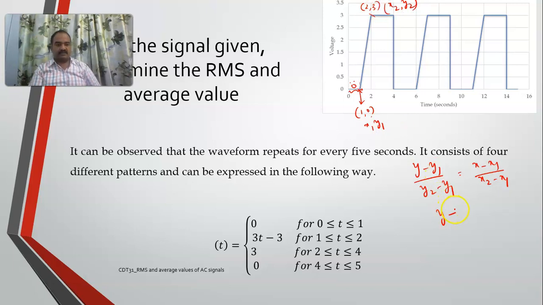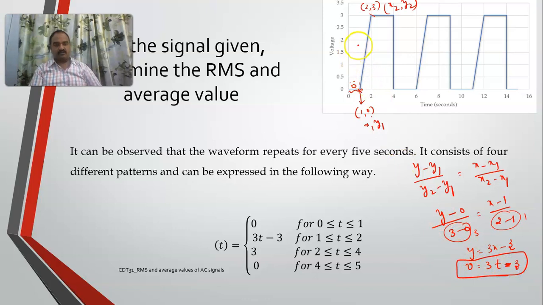If I substitute these things, I'll get (y minus 0) by (3 minus 0) is equal to (x minus 1) by (2 minus 1). So I'll get y is equal to 3x minus 3. In my case, on the x-axis it is t, whereas on the y-axis it is voltage. So I'll take it as 3t minus 3.